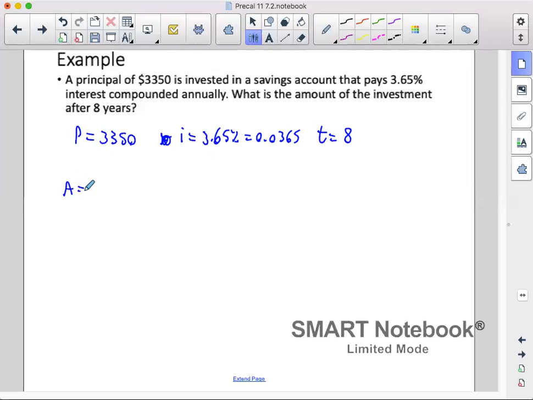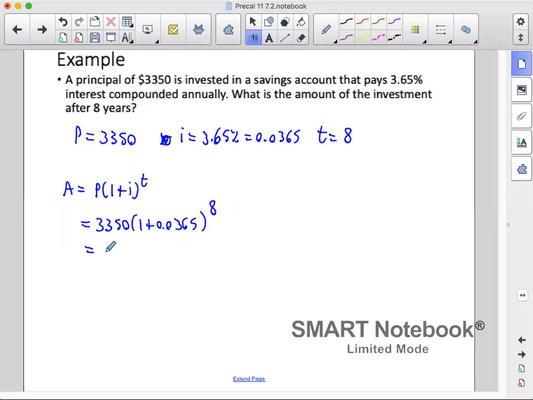Now writing our formula, we have A is equal to P times (1 plus I) to the power of T. So we have 3,350 times (1 plus 0.0365) to the power of 8.